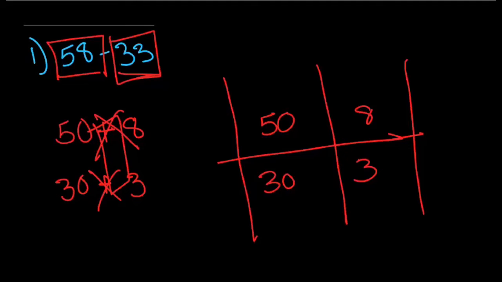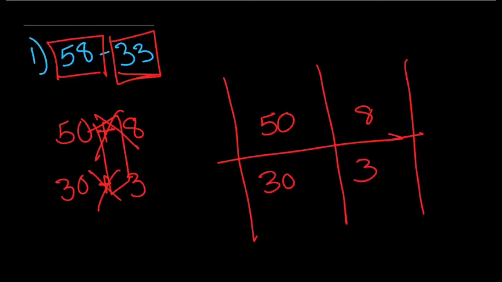It's so much easier than just subtracting 58 minus 33 like this. This way it's quicker and all, but it's harder, and it's more likely that you'll get your answer wrong than when you do it this way.